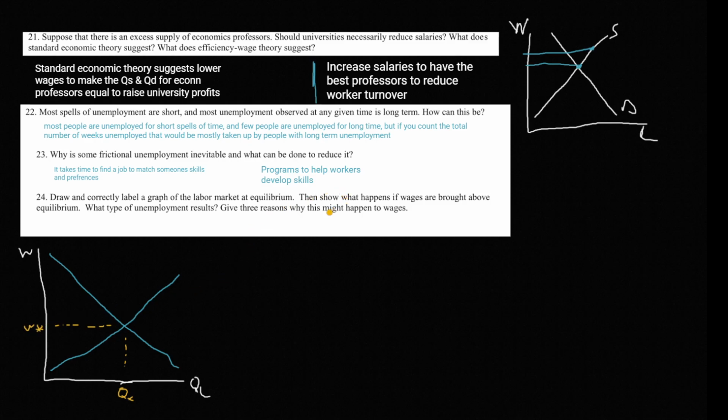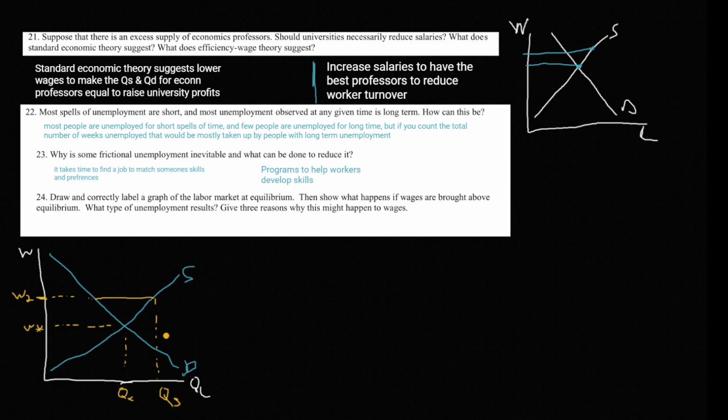All right, what happens if wages are brought above equilibrium? This is our new wage, W2, and this creates this change in the quantity. I should probably label our supply and demand curves. So demand and supply. And this creates a quantity of labor supplied.